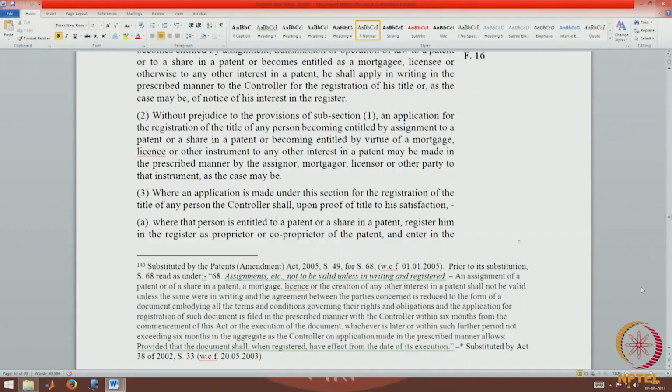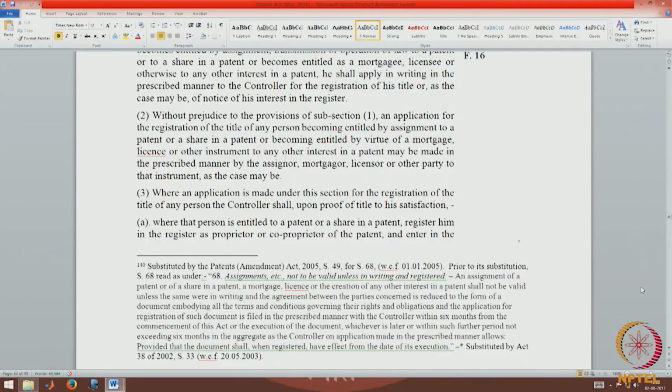2. Without prejudice to the provisions of subsection 1, an application for the registration of a title of any person becoming entitled by assignment to a patent or a share in a patent, or becoming entitled by virtue of mortgage, license or other instrument to any interest in a patent, may be made in the prescribed manner by the assignor, mortgagor, licensor or other party to that instrument, as the case may be. So, you can see the pattern here. First they talk about title, by assignment, if somebody is entitled to have absolute control in a patent or share in a patent.